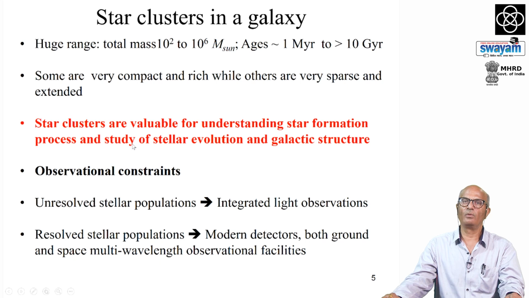Hence, they are very valuable, and their color magnitude diagram can be used to study stellar evolution in different galaxies, and once we find their distances, they can be used to study the galactic structure.